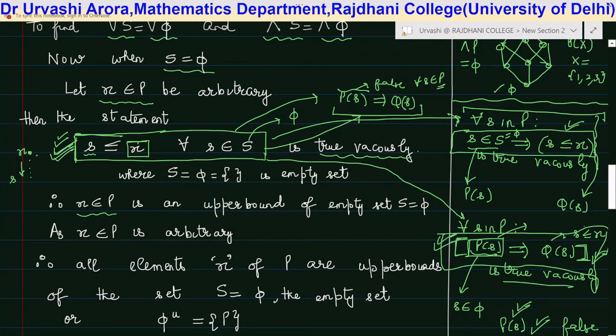So this means that x is behaving like an upper bound for the empty set S equal to phi. So x belonging to P is an upper bound for the empty set S, which is equal to phi.